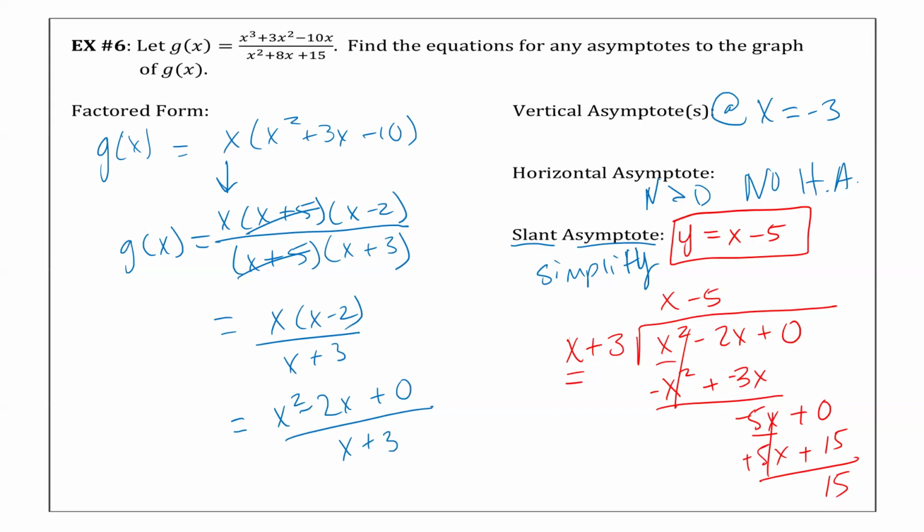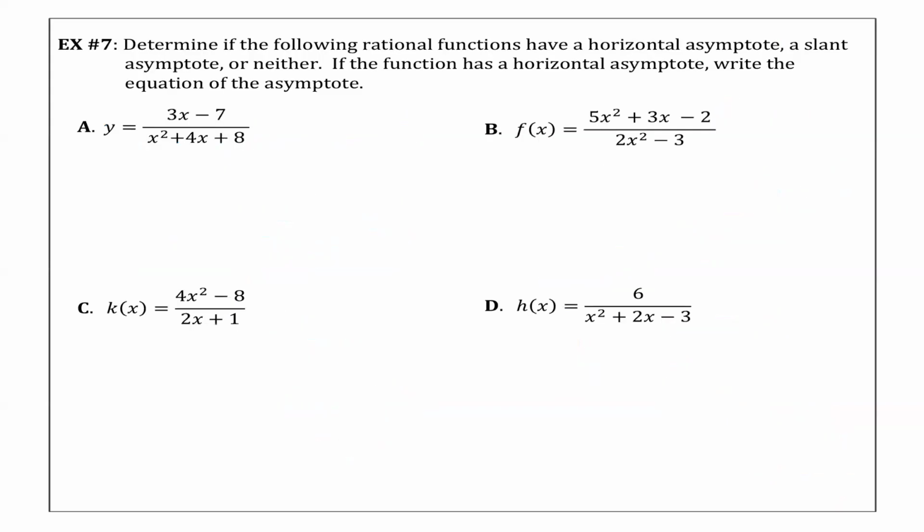Yeah. All right. I'm not going to go through these with you. I'm leaving them for you to practice, but it's just going over the rules for knowing if you have horizontal or slant. So just reiterating, if the degree of the numerator equals the degree of the denominator, you're going to have a horizontal asymptote, right?